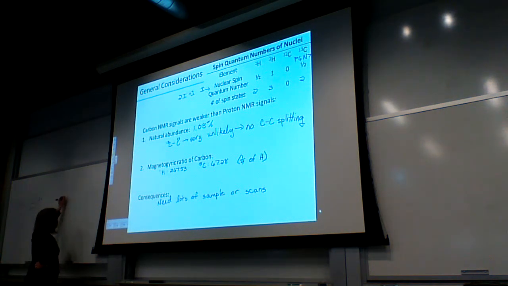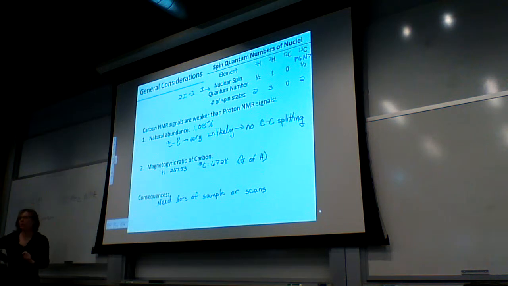If we have a 400 megahertz NMR like we have upstairs, we call it a 400 megahertz, but really this refers to our hydrogen-1 energy that it takes. That's the 400 megahertz of the frequency of light that's required to excite our proton from the lower spin state to the higher spin state.